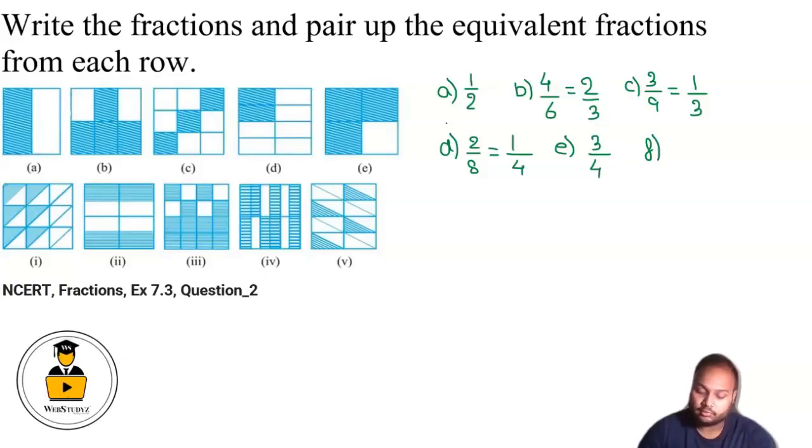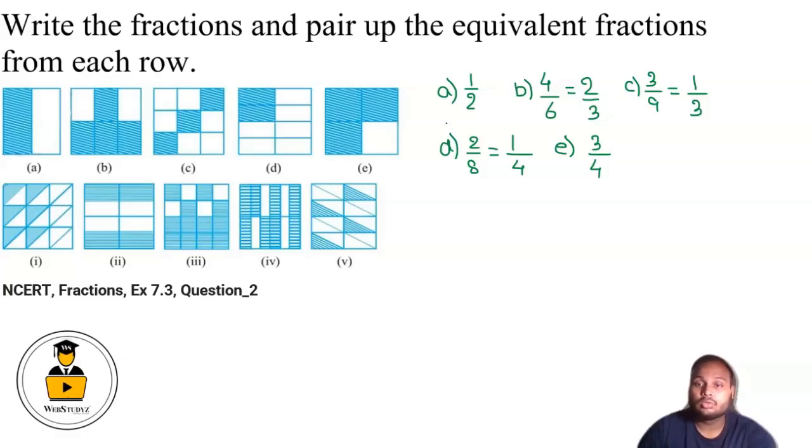Then we cannot say F part, basically this is another row. So these were the 5 sheets.